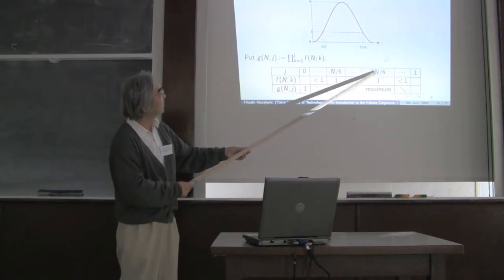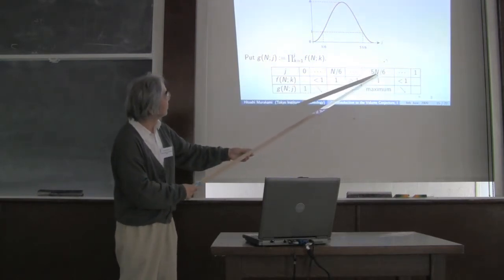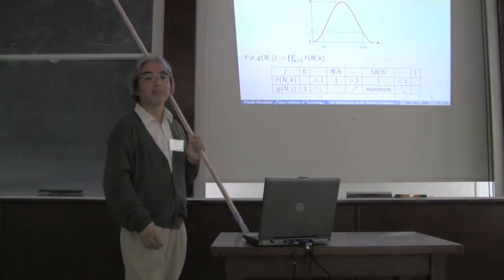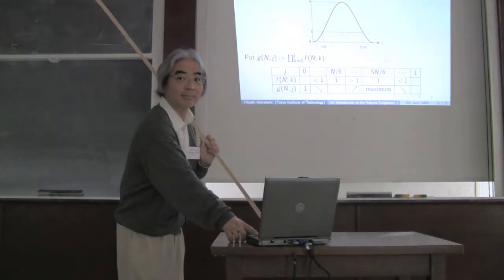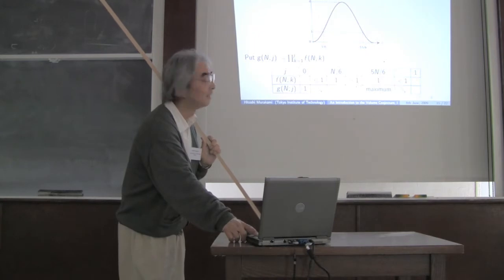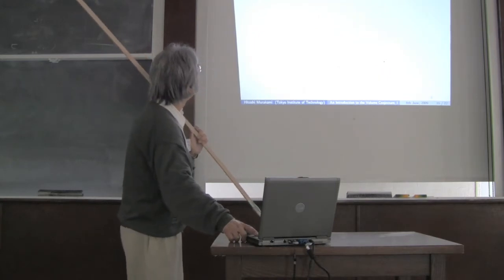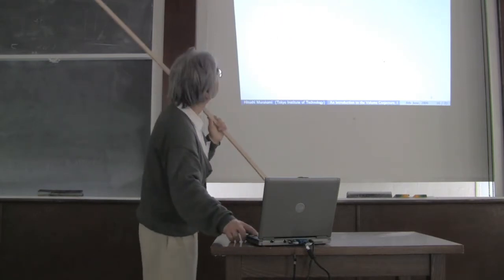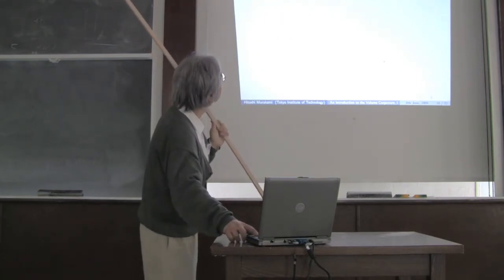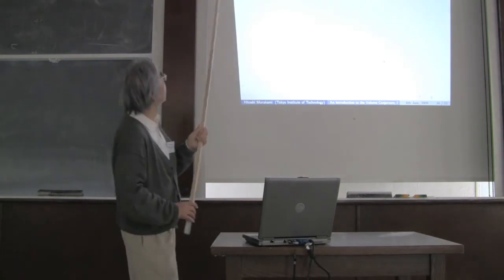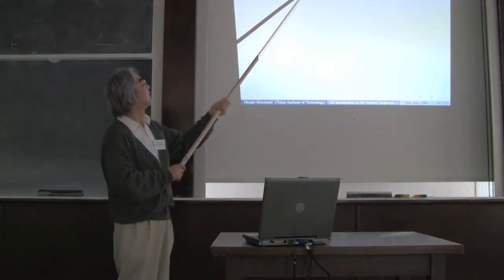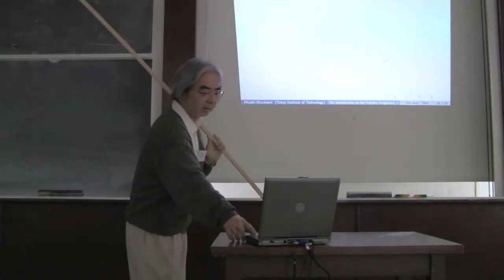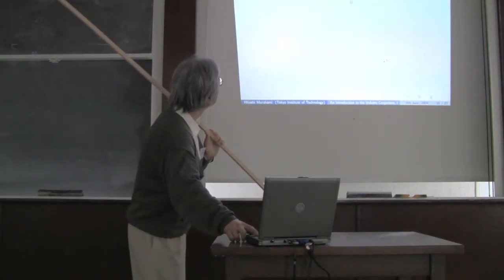So we know that the maximum of the G function is attained at 5n over 6. And note that the sum is the sum of this G function, which is always positive.